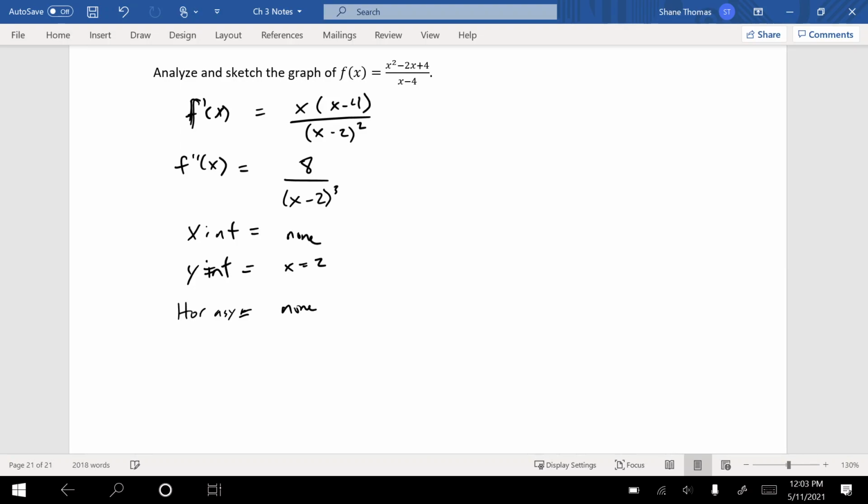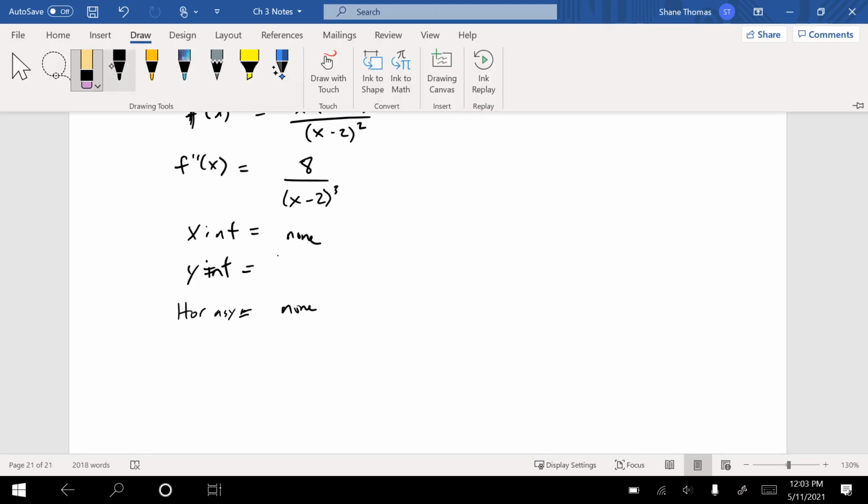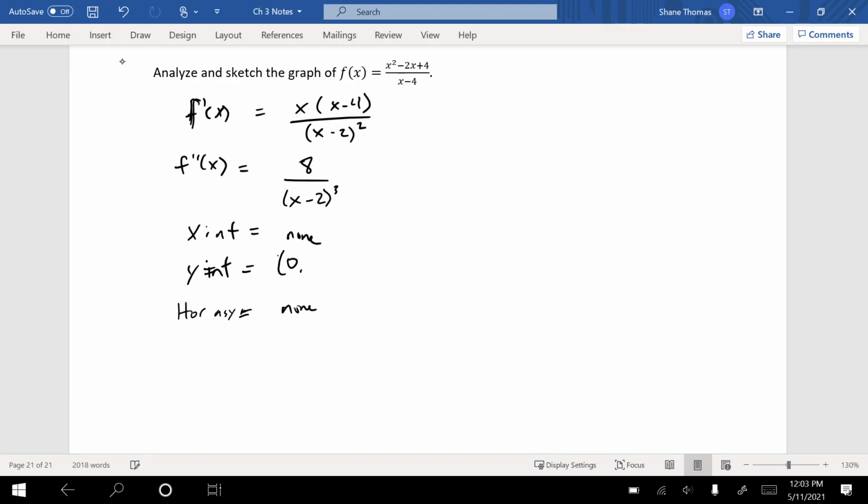Do we have a vertical asymptote? Sorry, I wrote this wrong. My y-intercept is negative 2. Let me just rewrite that. My y-intercept is at the point (0, negative 2). My vertical asymptote is at x equals 2.